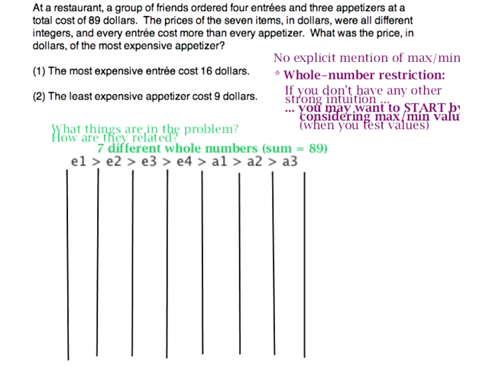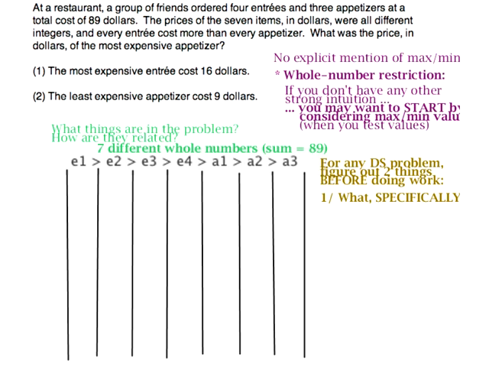So just to review that, for any data sufficiency problem, you should figure out 2 things before you even start doing work. The first thing is what specifically do sufficient and not sufficient mean.